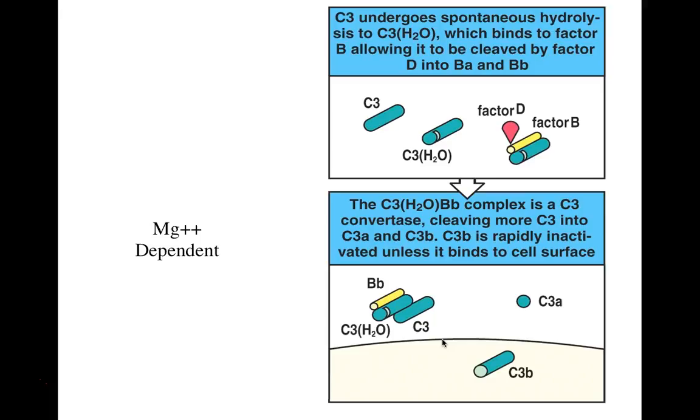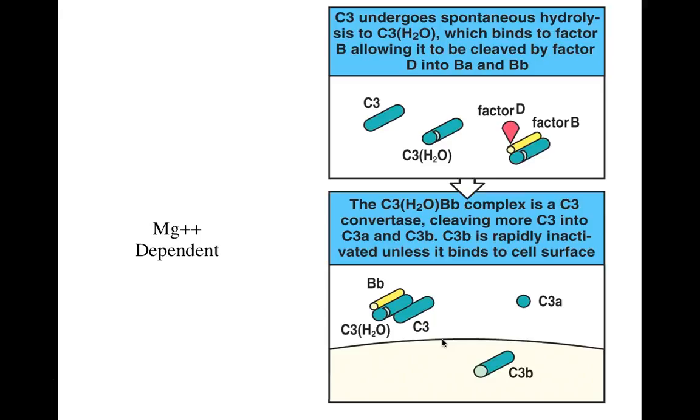Factor B is then going to be cleaved by factor D into, again, a large and a small fragment, Ba and Bb. Ba is the small fragment, floats away, and does have a particular immune function.